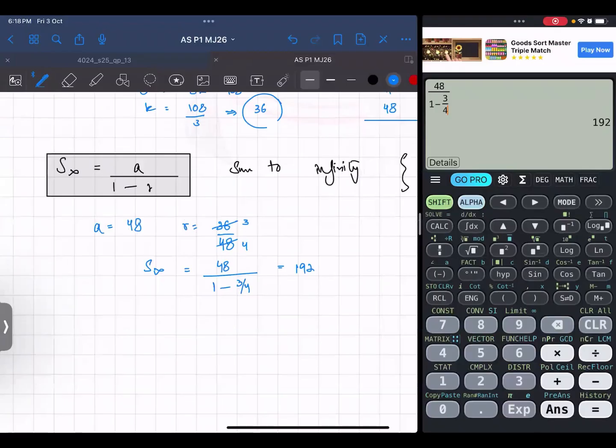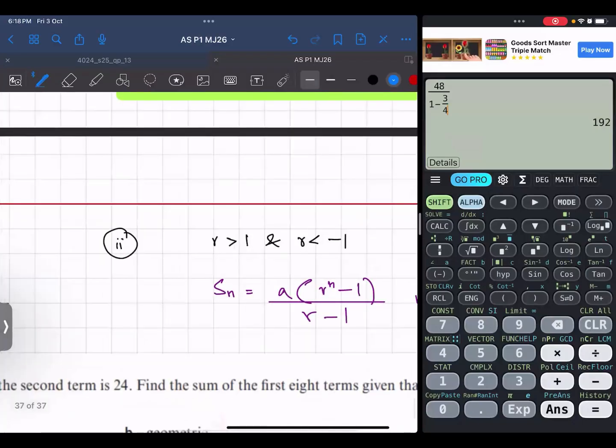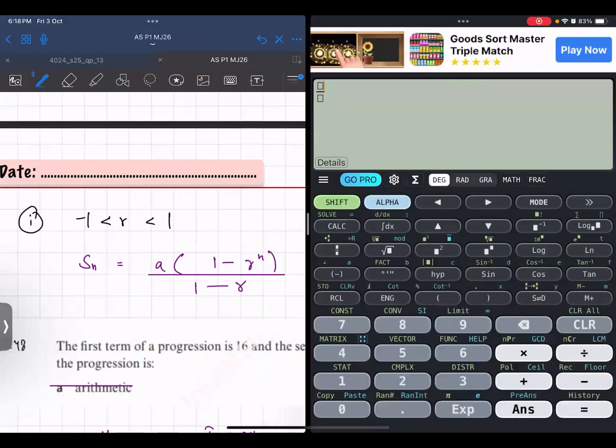And I can show you this sum to infinity using the other formula as well. If I take the same situation, look. The first term was 48, then we have R as 3 upon 4, that is 0.75, to the power n. N is the number of terms that you want the sum of, over 1 minus 0.75.